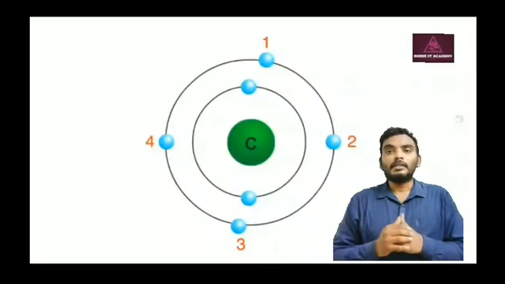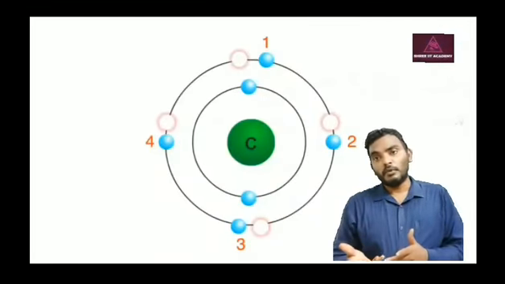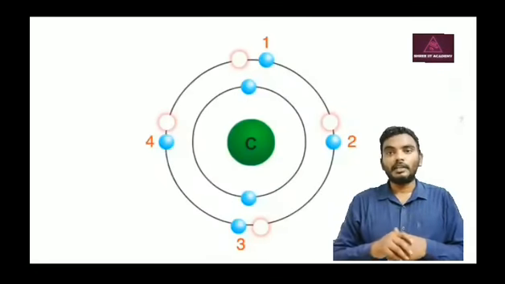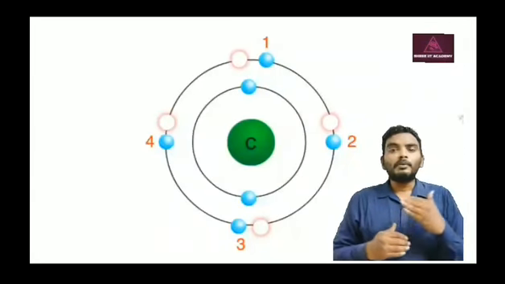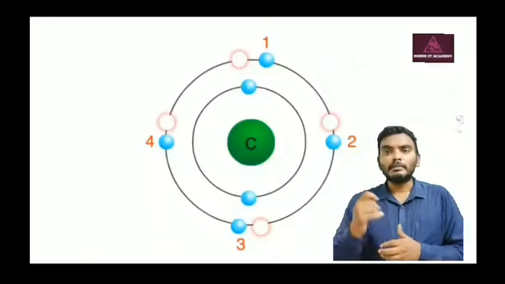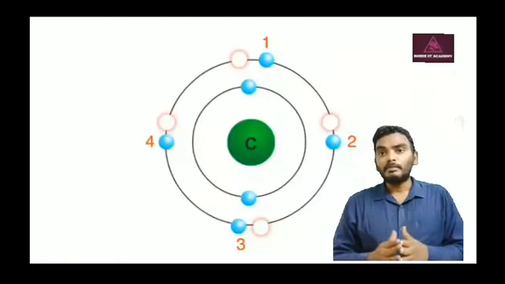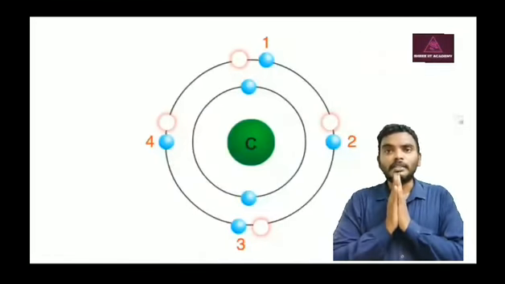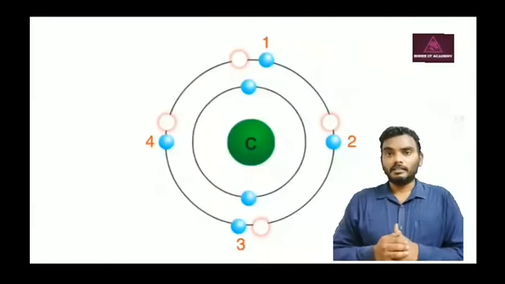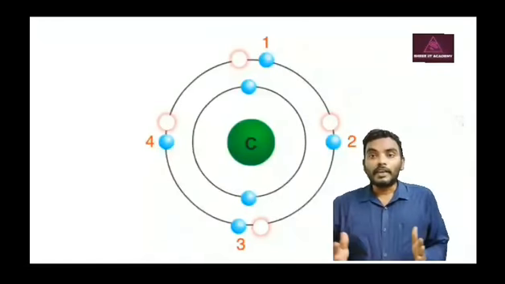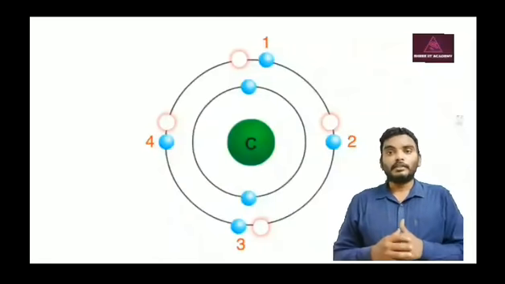To gain stability, it would lose 4 electrons or gain 4 electrons. Losing 4 electrons is difficult, and gaining 4 electrons is also difficult. Then it will try to share the 4 electrons.